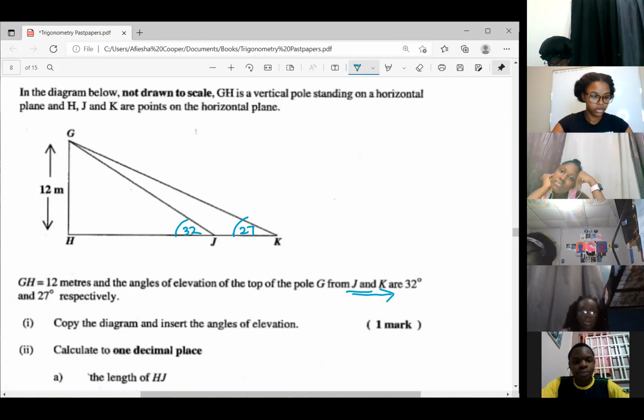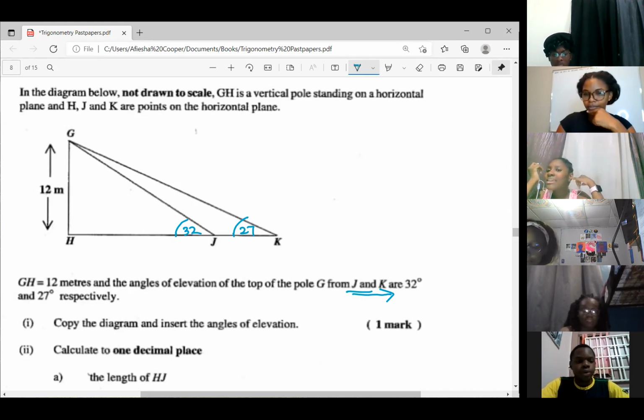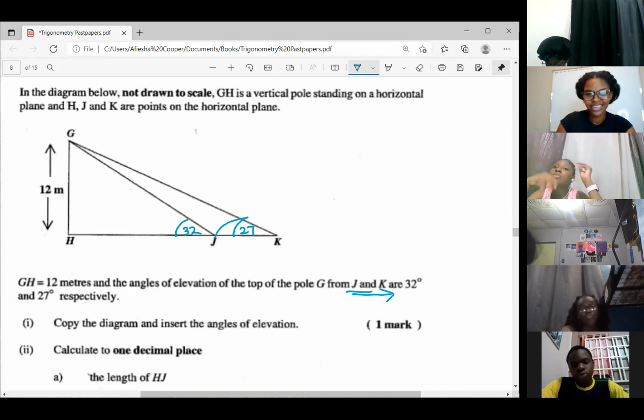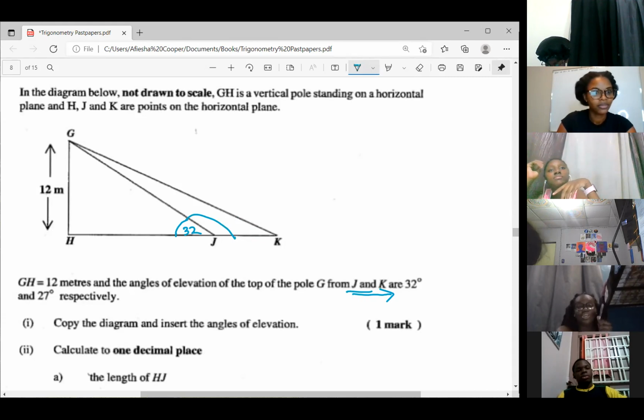I put the angle all over, like J, I put it into K too, and then I labeled that 32.